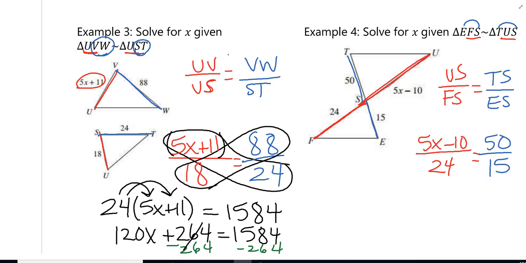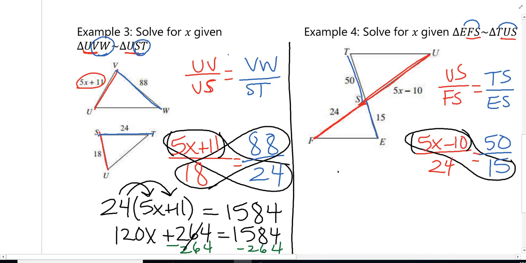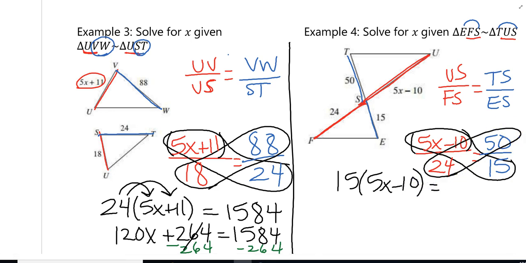Cross multiplying, again, putting that numerator in parentheses because it is a binomial. So I want to make sure I keep this all together because I do have to distribute that 15 to everything. So this is going to be 15 times 5x minus 10. Cross multiply in the other direction would be 24 times 50. And 24 times 50 is 1,200.